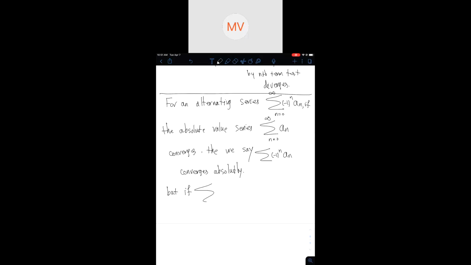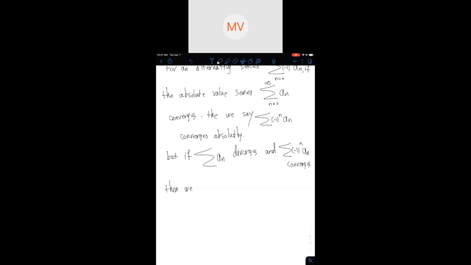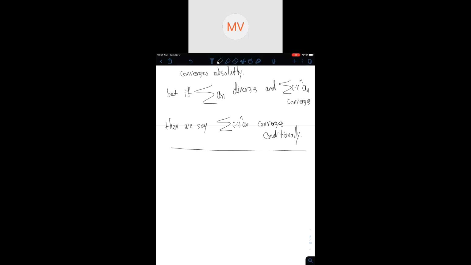But if the absolute value one diverges and the alternating one converges, then we say this guy converges conditionally. I'll explain it quickly by an example.